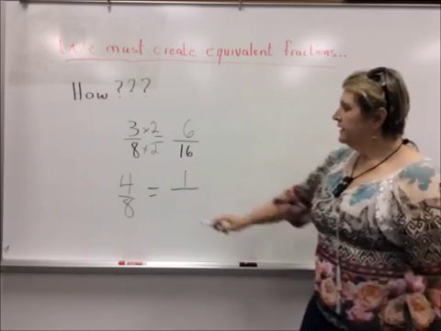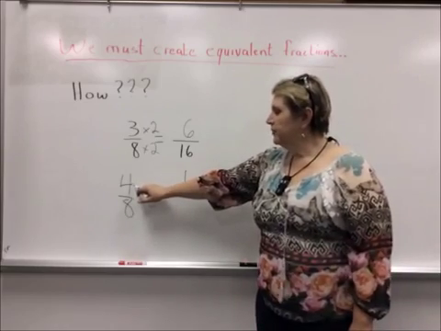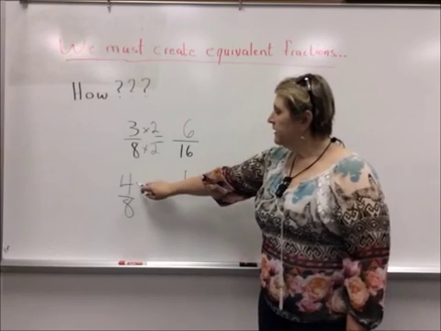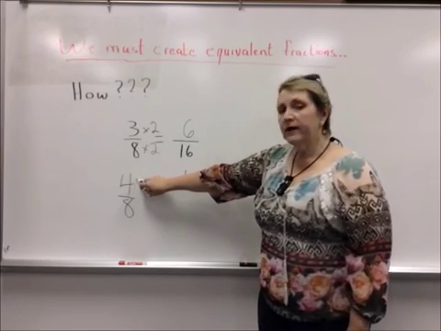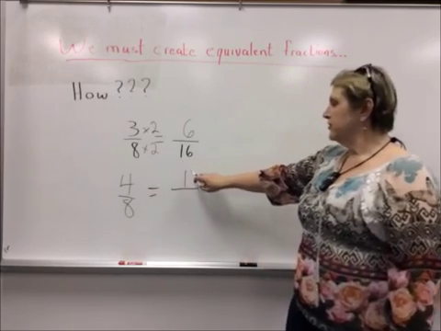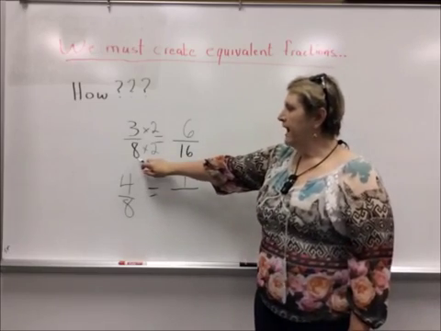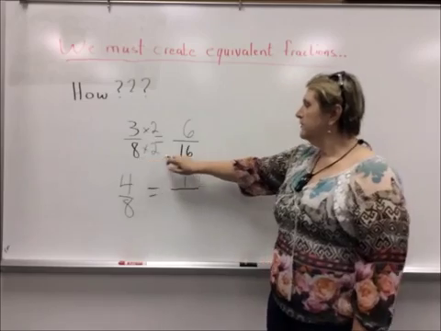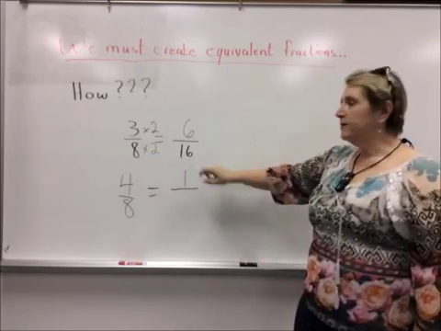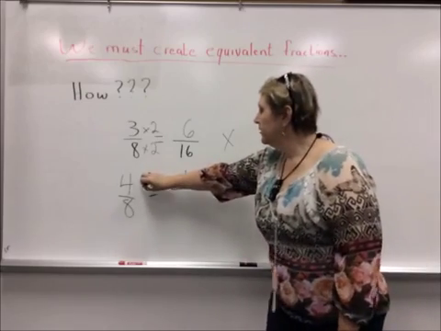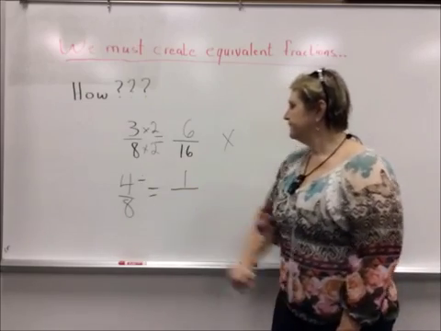Okay, now we're going to notice that here is our numerator, so we're going to be dealing with numerators this time instead of denominators, and we're going to notice that our numerator on this side is larger than the numerator on that side. And remember earlier when we had a denominator that was smaller than the denominator on this side, we said we had to use multiplication. So that's going to tell us that this time we're going to have to use division.